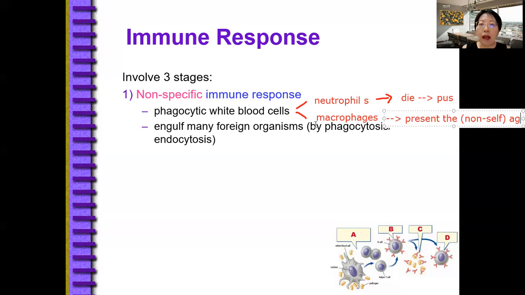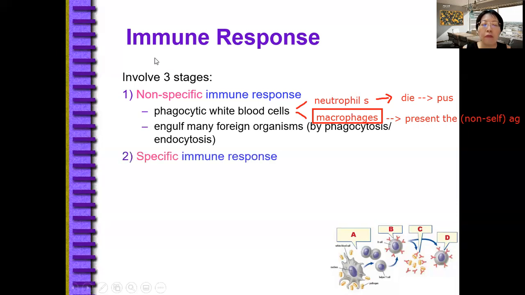After phagocytosis, the specific immune response will be initiated by our macrophages. That's why they're supposed to be long-lived, because they're supposed to go around the body and inform our immune system, hey, please produce more soldiers to remove this particular HIV or this particular Vibrio cholerae or Plasmodium falciparum and so on.